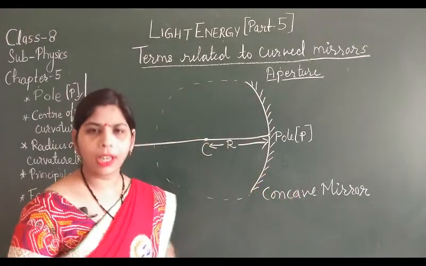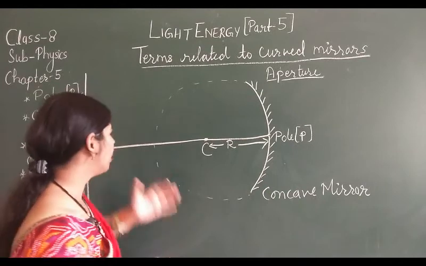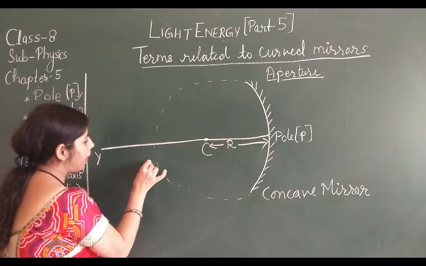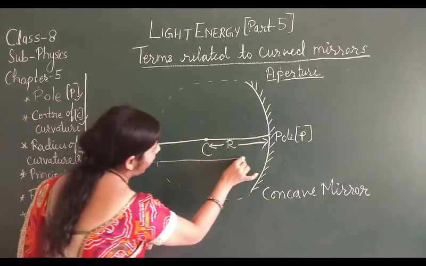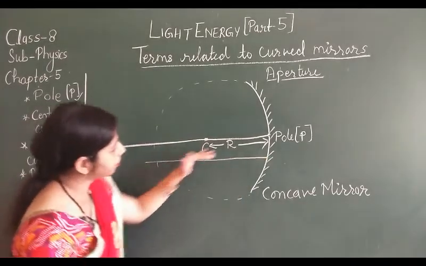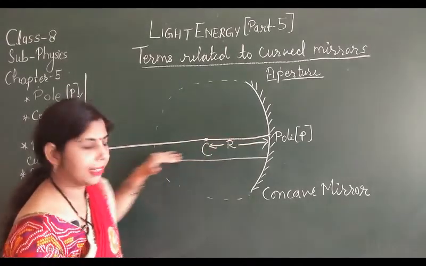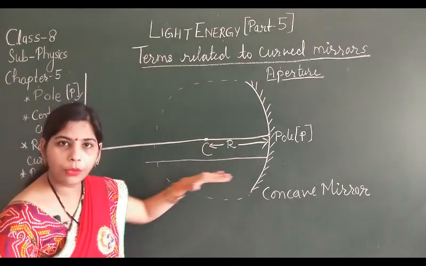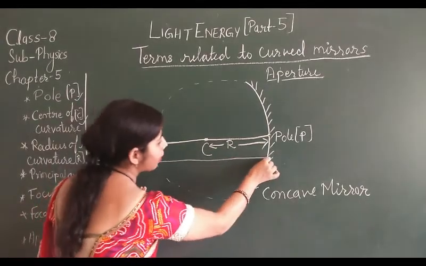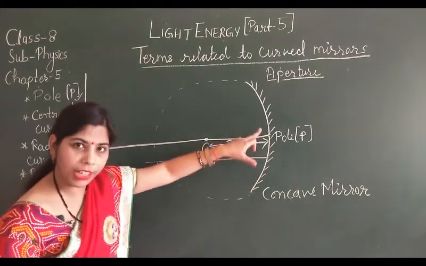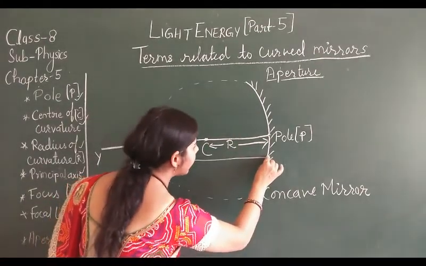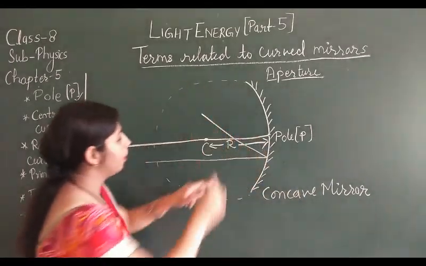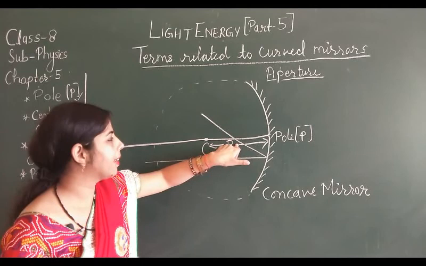So what is focus? How can you define the focus? Whenever any parallel light ray is travelling parallel to the principal axis, it strikes the aperture somewhere, and after striking the aperture, it is going to reflect and pass through the principal axis.